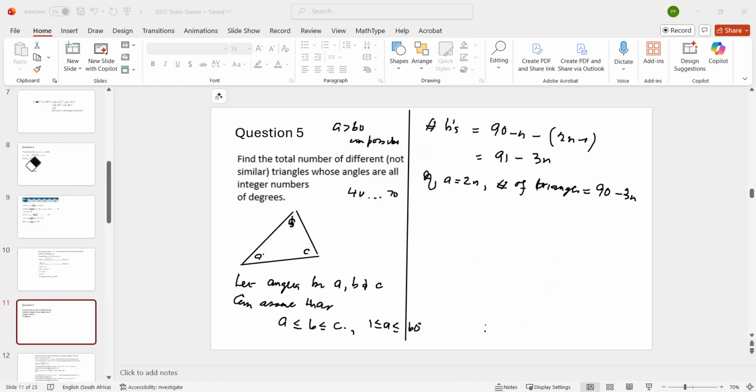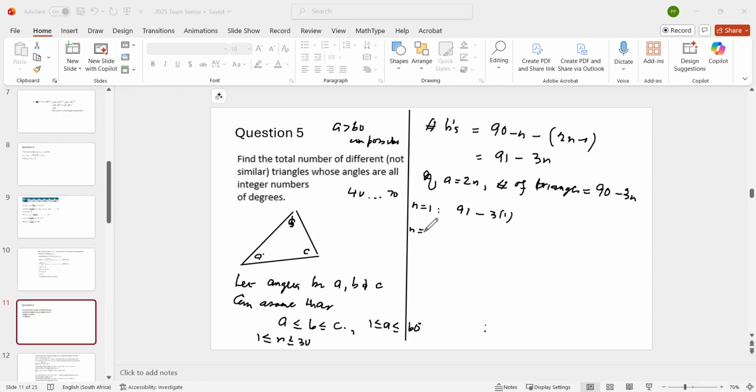Okay, let's count the number of triangles altogether. A equals 2n, and remember, n was from 1 to 30. The A is 2n. Right, so for n equals 1, you have 91 minus 3 times 1.